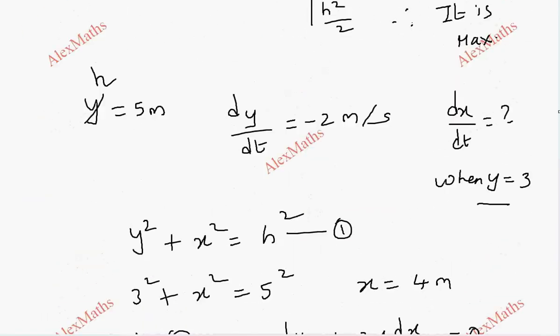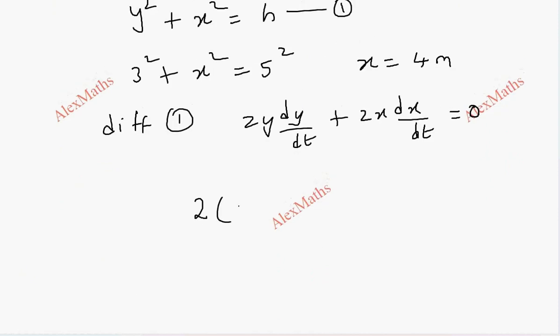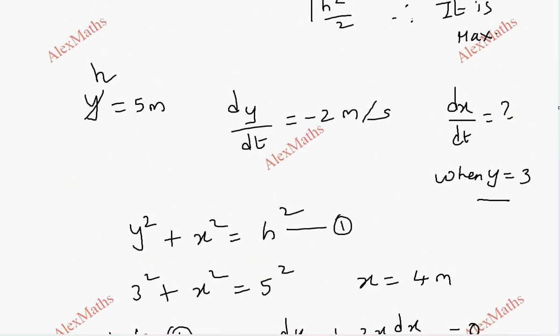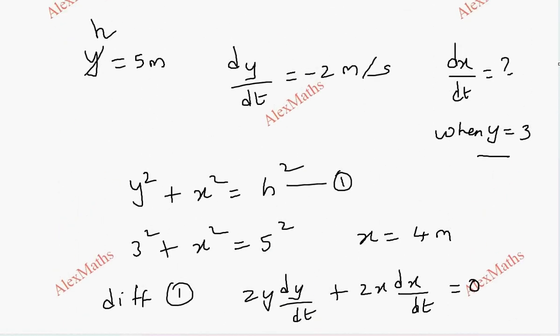So this is 3 into dy by dt plus 2 into x, we found it as 4, and dx by dt. Actually dy by dt is given as minus 2.